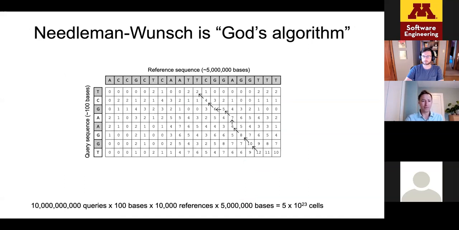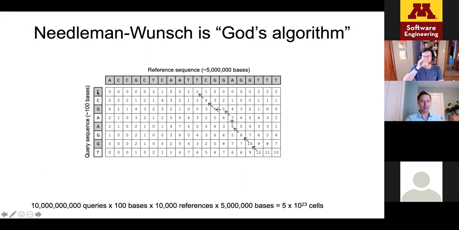And there is actually an optimal solution for this. It's called Needleman-Wunsch alignment, and it uses dynamic programming. This is one of the first topics you go through in a computational biology class.